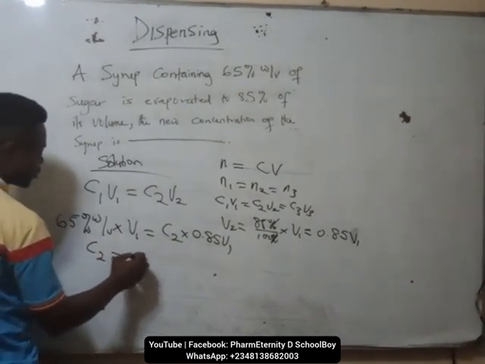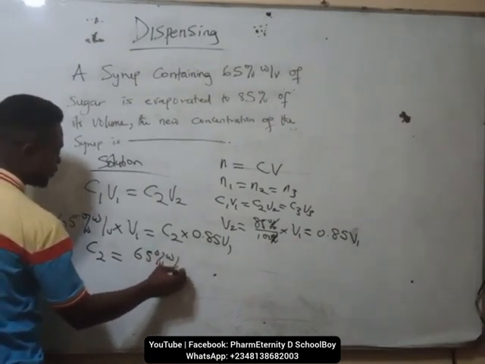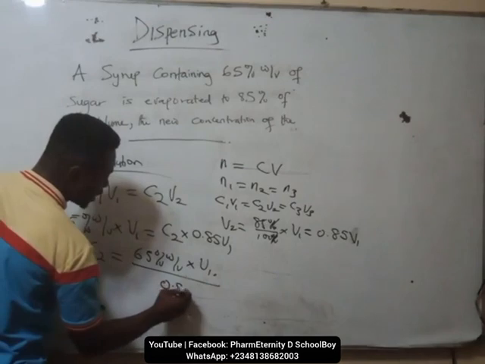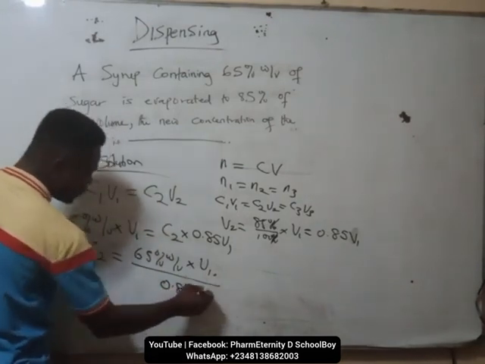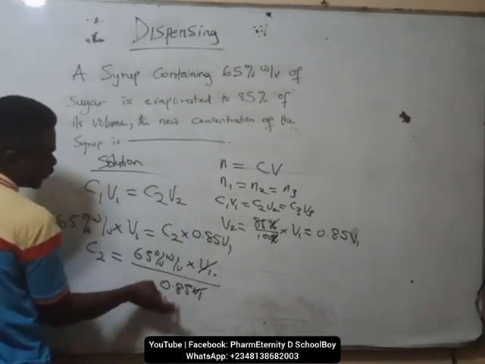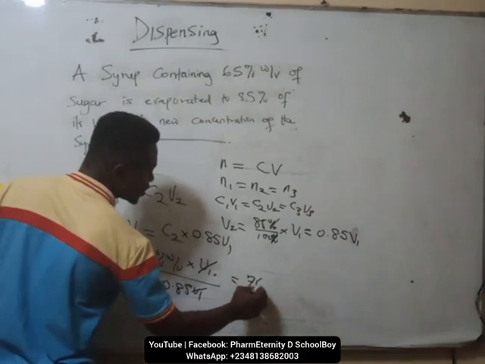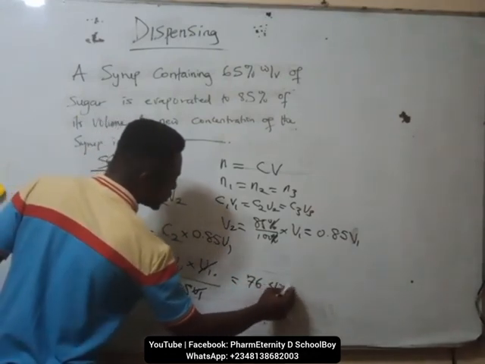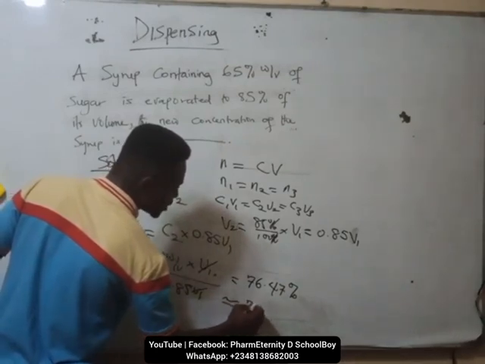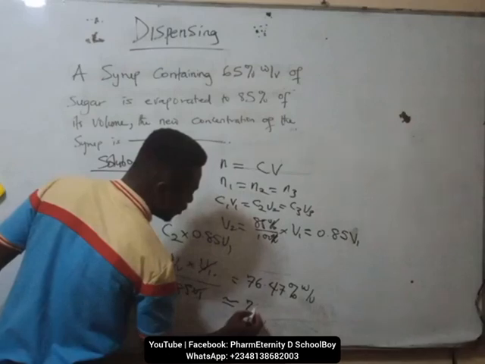C2 is now equal to 65% weight in volume times V1 all over 0.85 V1. V1 will cancel V1. 65% weight in volume divided by 0.85 will give us 76.47%, which is approximately 76.5% weight in volume.